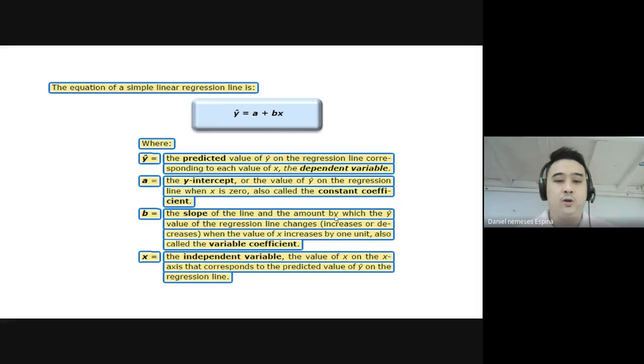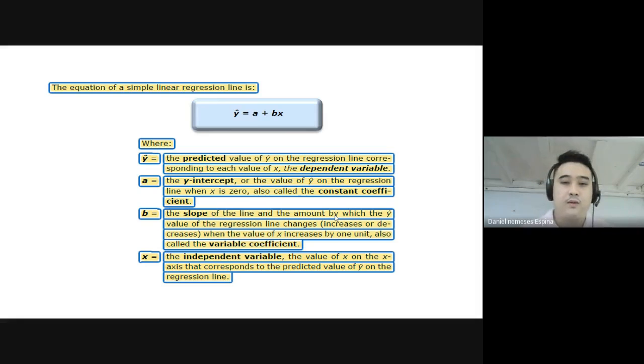And x is the independent variable, the value of x on the x-axis that corresponds to the predicted value of y on the regression line. Let's say advertising expense.